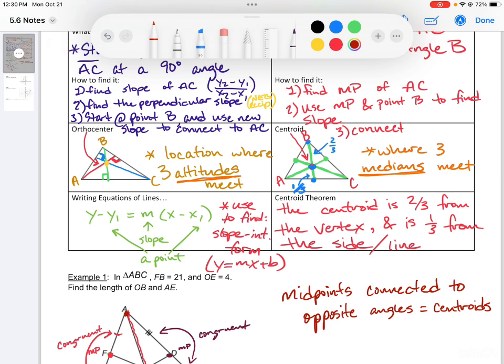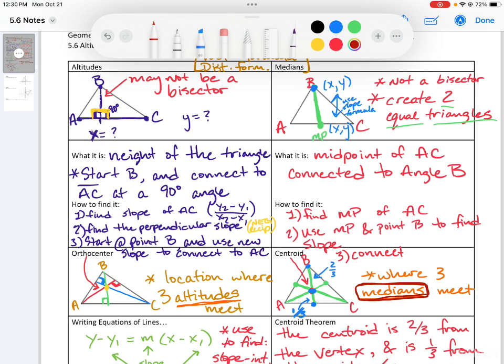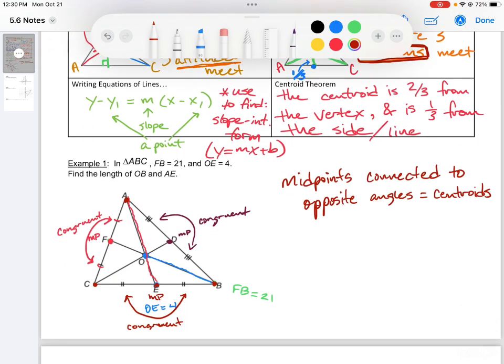So if we refer back up to our notes here, centroids are where all the three medians meet. And if I look further up, a median is when you connect a midpoint to the opposite angle.